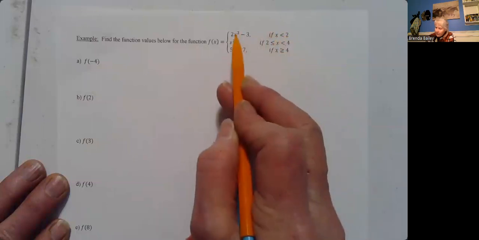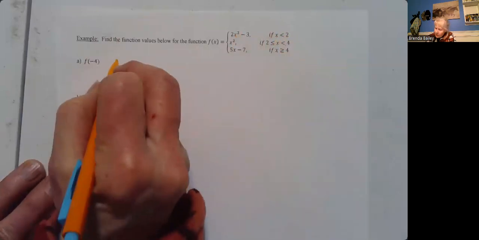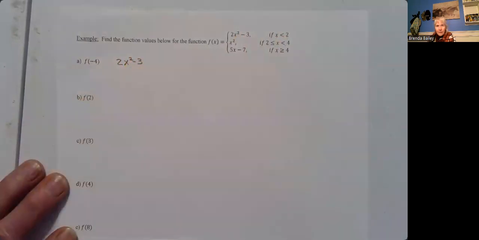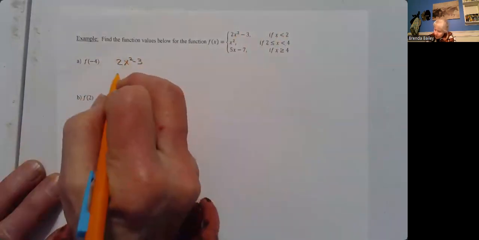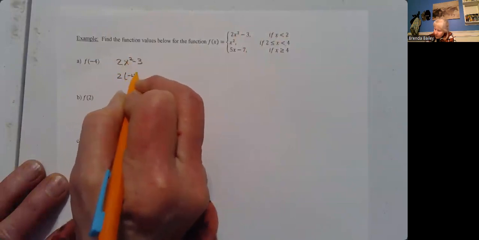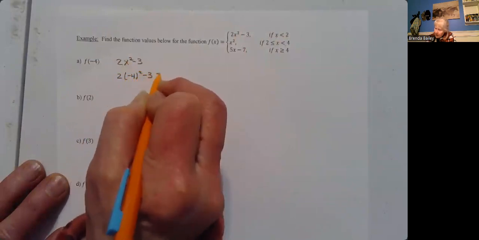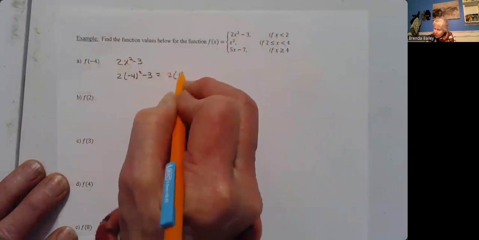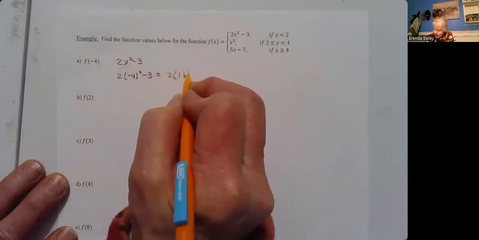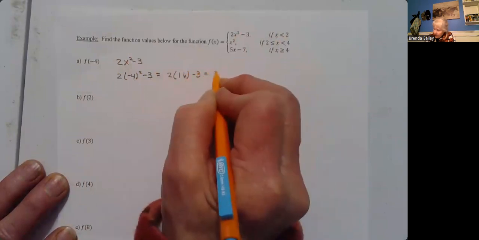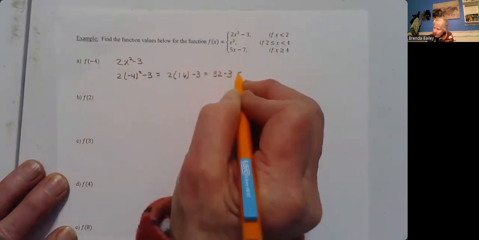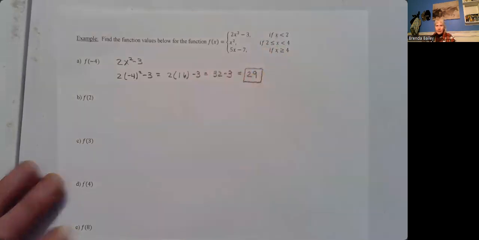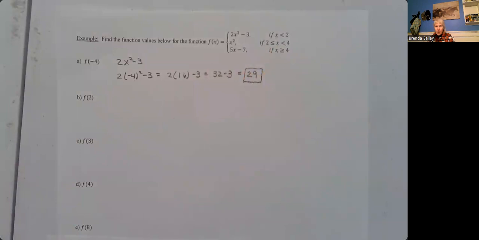So you put a negative 4 into this part, because that's the one it fits. So 2 times negative 4 squared minus 3. Negative 4 squared is a positive 16. So 32 minus 3, you get 29. The answer is 29. Awesome.